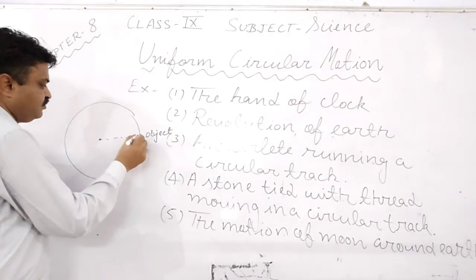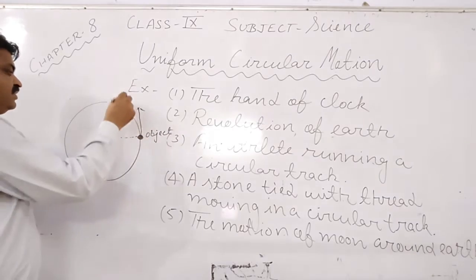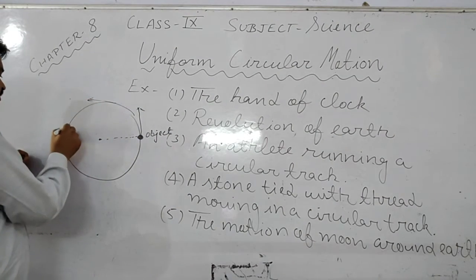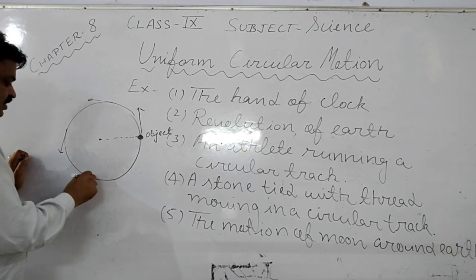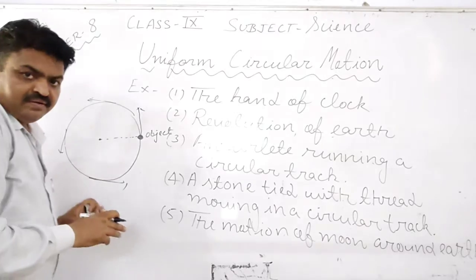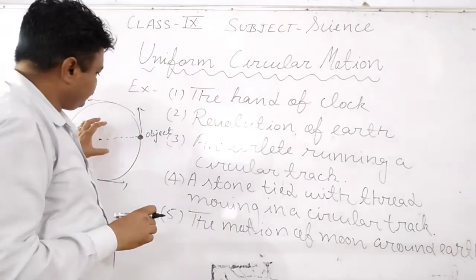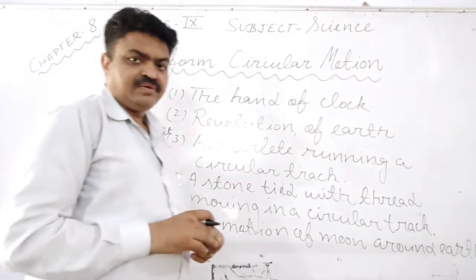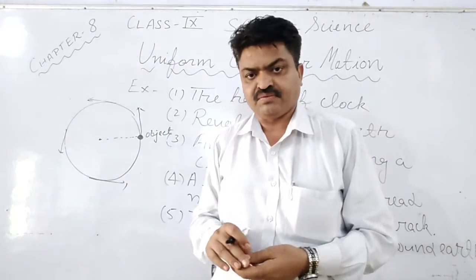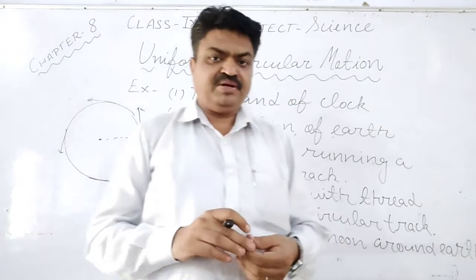This object moves in a circular path, and in the circular path it also changes its direction from time to time. The speed that is used in the case of uniform circular motion is known as uniform speed.